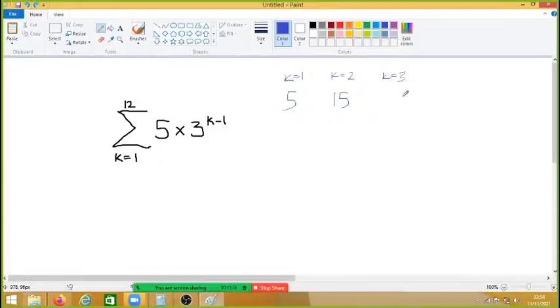Good. So now looking at the sequence, and we need to get to the 12th term, but the idea is you can see what the pattern is, see what kind of sequence it is just from the first 3 terms. So have a look, what kind of sequence is it? And once you know what kind of sequence it is, then what are the key parts that we're going to need to know to be able to put it into the formula, any formula for that sequence?